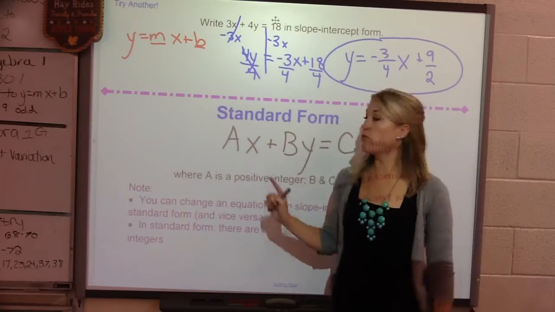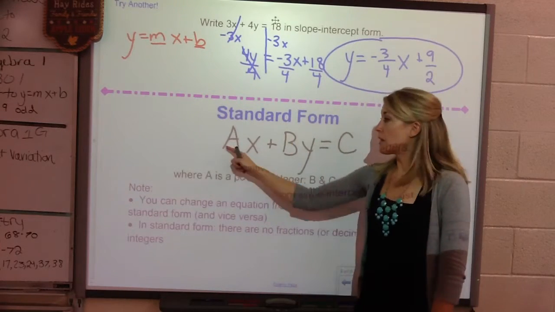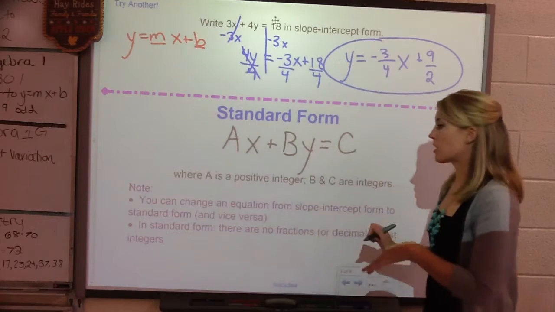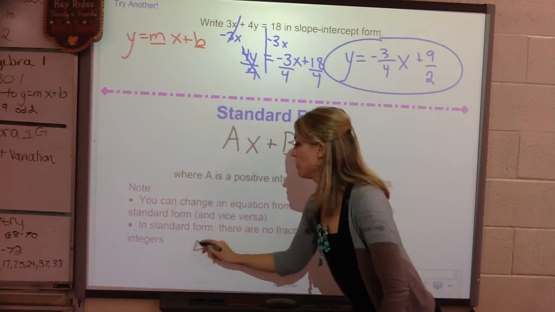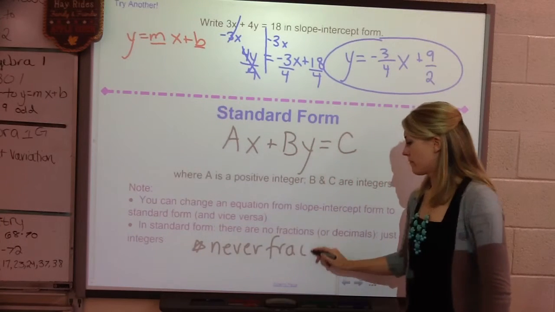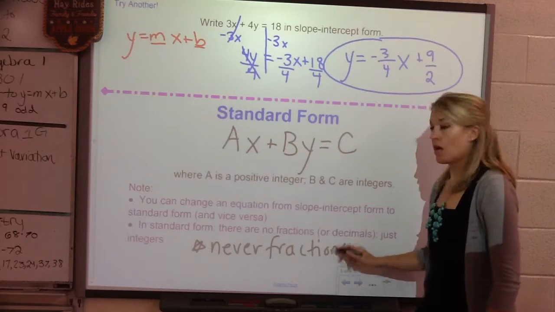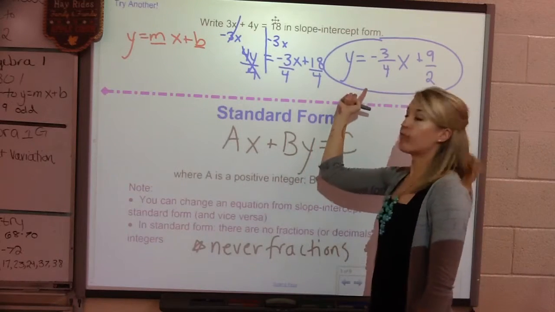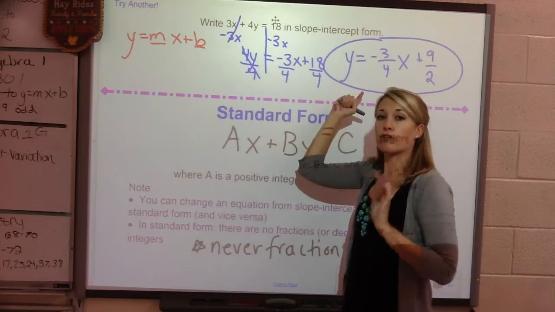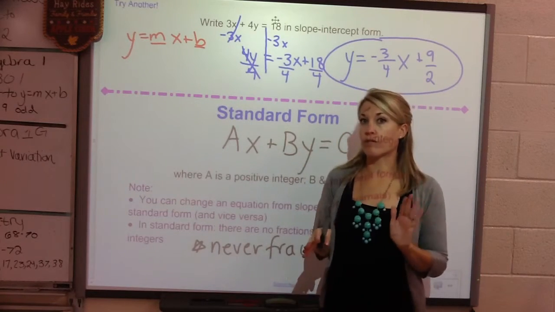It's just important that you know in standard form that these numbers are all whole numbers. There will never be fractions. I don't know if you want to leave yourself a note. Never fractions. Unlike slope-intercept form, which you see here, we usually do have fractions, especially for slope. We want a fraction, rise over run.